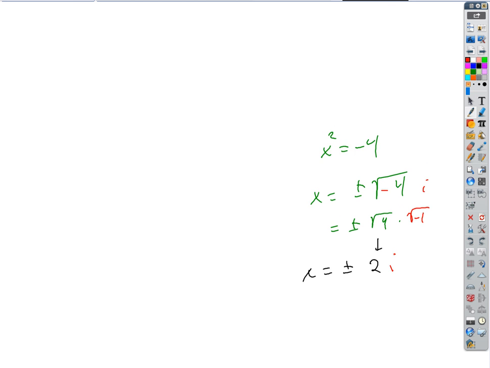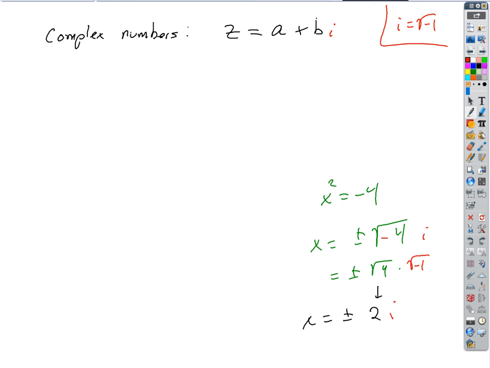Okay, and to be able to deal with those kinds of situations, we have to be familiar with this concept of a complex number. What did we call this part of a complex number? That's the real part. Good. That's the part that is not multiplied by I. And what did we call this part?